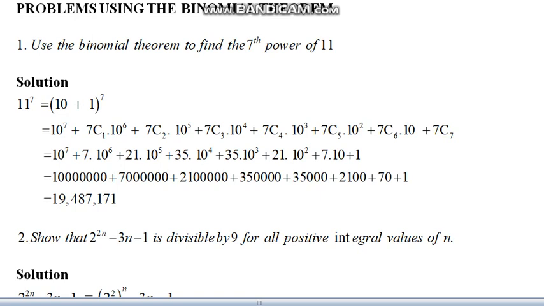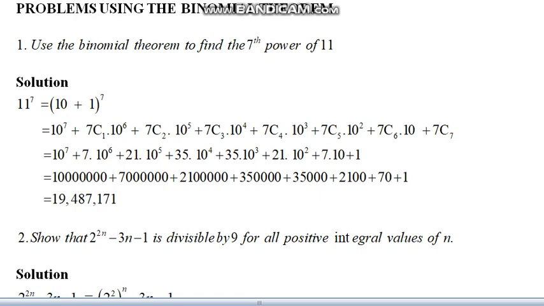Using this binomial theorem, (1 plus x) to the power n equals x power n, nC1 x power n minus 1, like that we have expanded. So using the binomial theorem expansion, 11 power 7 is written in the form of binomial theorem.